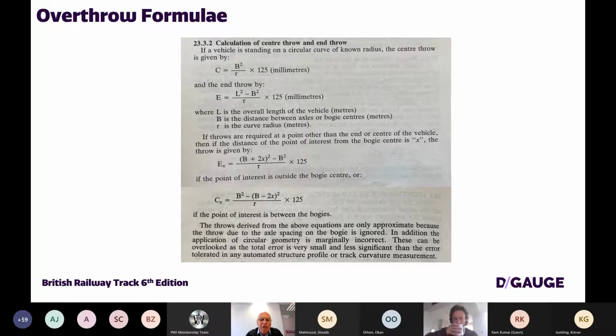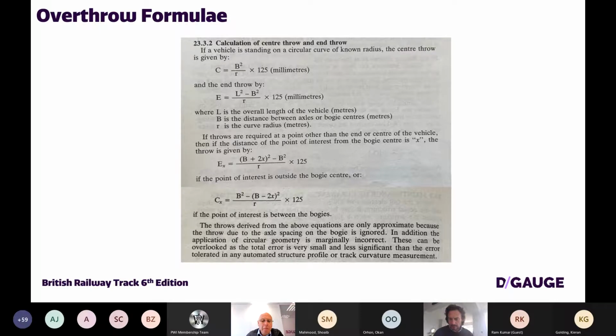But nevertheless, we've used those for years to say if we've got a curve of X meters radius and we've got a vehicle that's got bogie centers of say 14 meters, then we can calculate how much overthrow would be applied at the center, at the end, and at any cross section. Now, that's fine for circular curves, but with transition curves, of course, you can't actually define what the radius is that the vehicle is on.